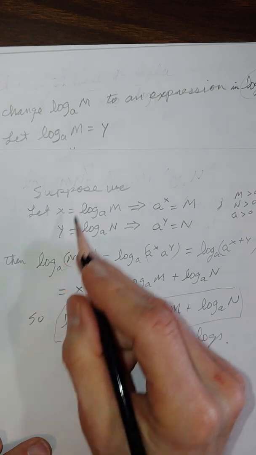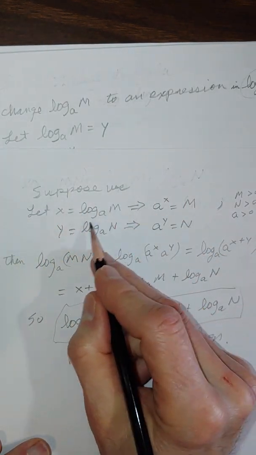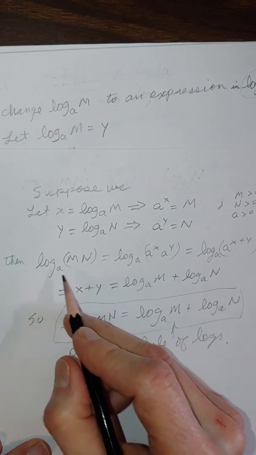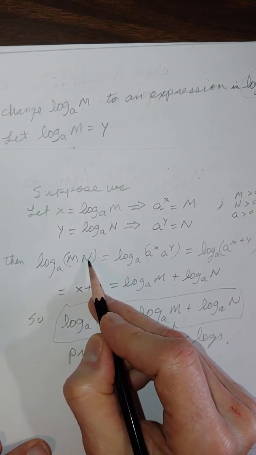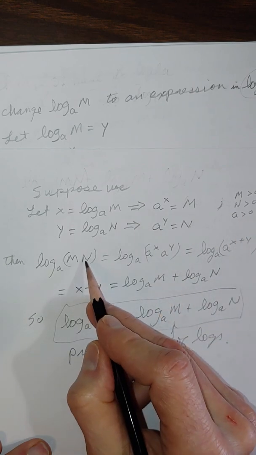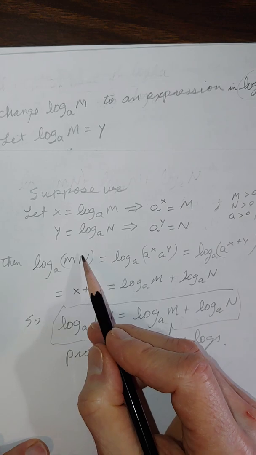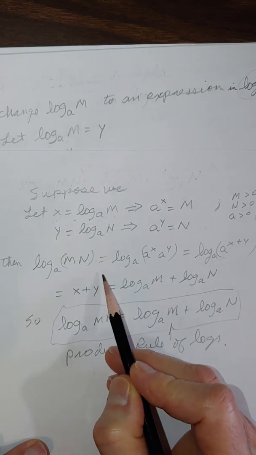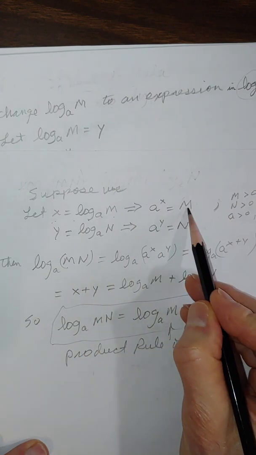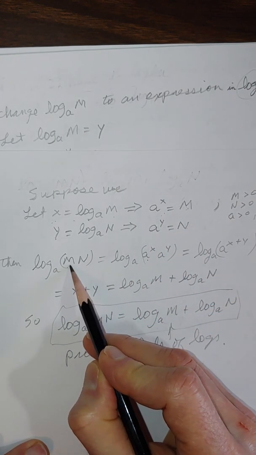Then, letting x equal log base a of m and y equal log base a of n, log base a of two numbers, m times n, where m and n are both positive, equals, now since I let x equal log base a of m, then m is a to the x. So I just substituted it in.